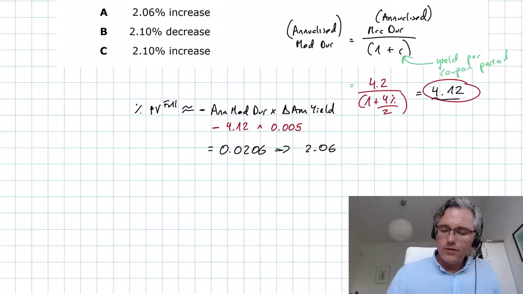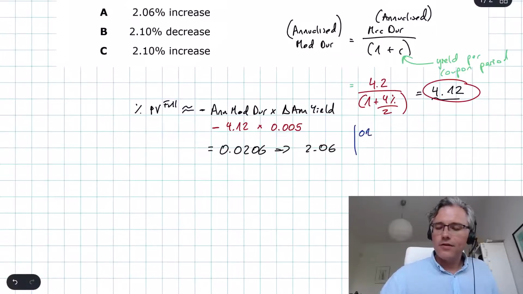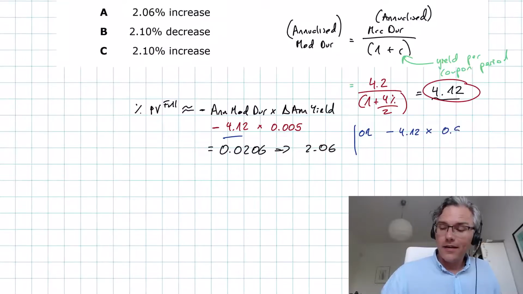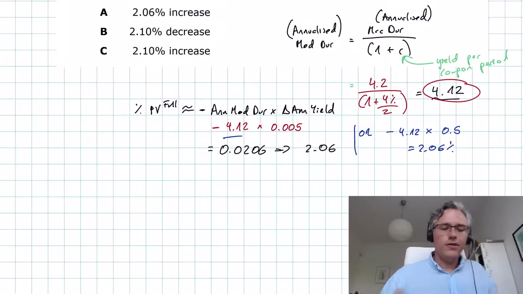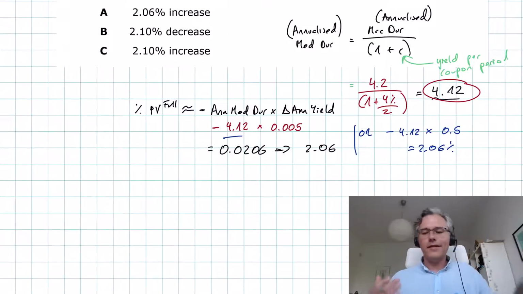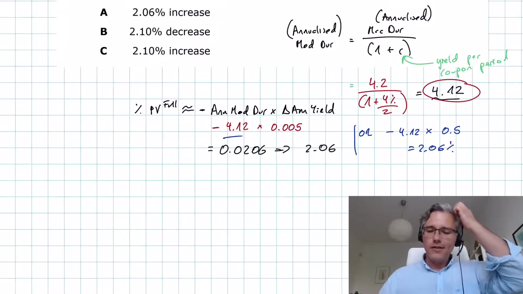But if you wanted to, you could just as well have written minus 4.12 times half a percentage point, and of course that would give you 2.06 anyway on the display. So just be aware of the units you're using. It's up to you, don't get confused.